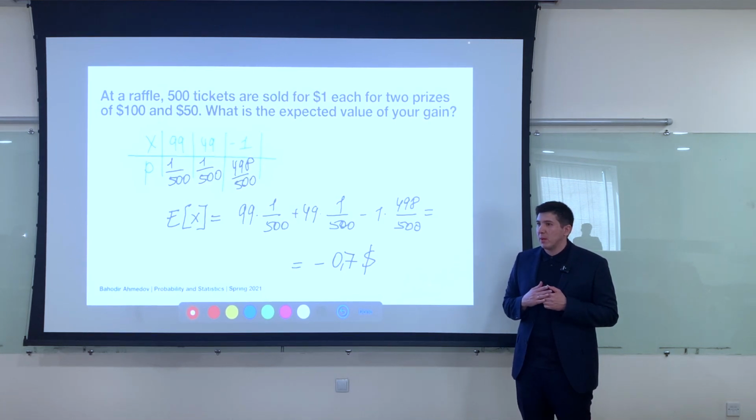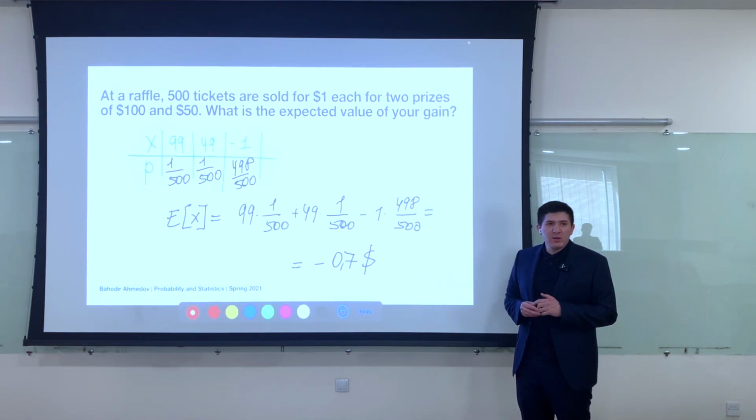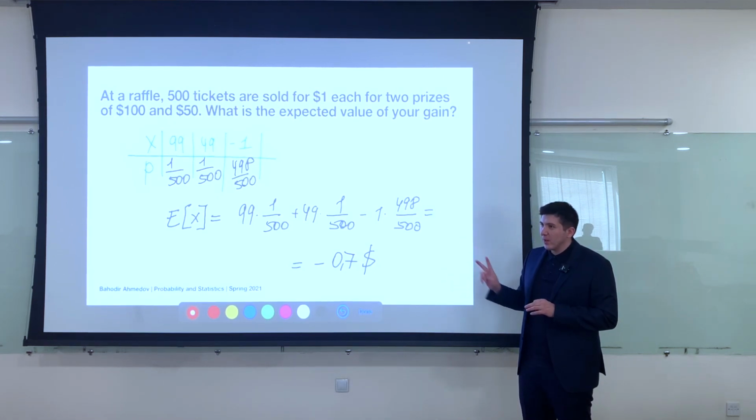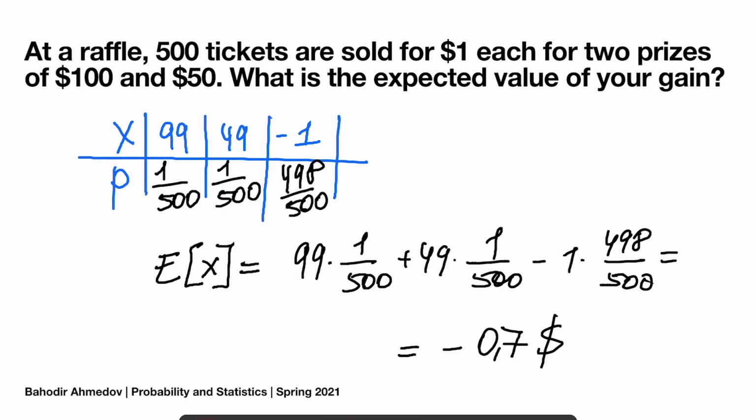You always multiply the output by its probability and just sum. But interpretation is more difficult. So in our next lecture, 4.2, which is going to be online for you, we are going to make some simulations with RStudio. I would recommend you to watch that lecture. We're going to make this kind of simulations in order to get the 0.7.